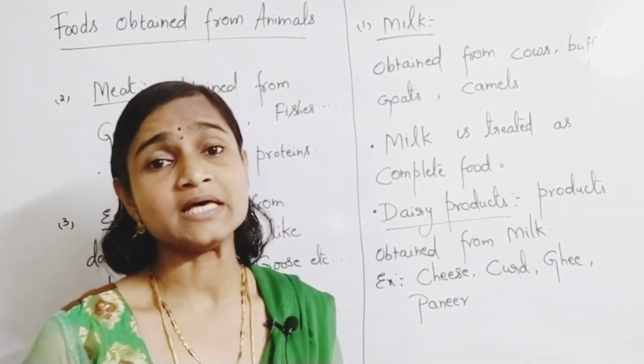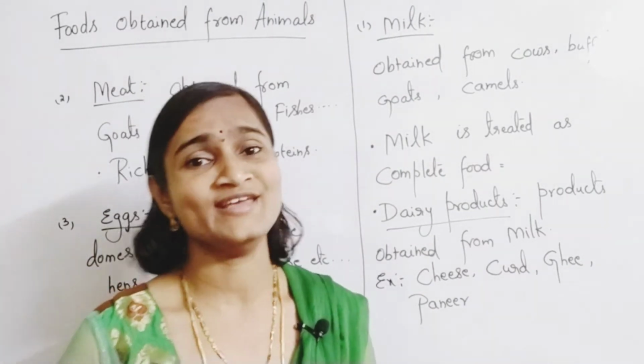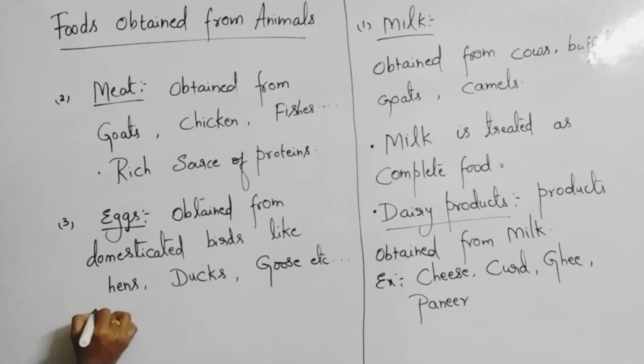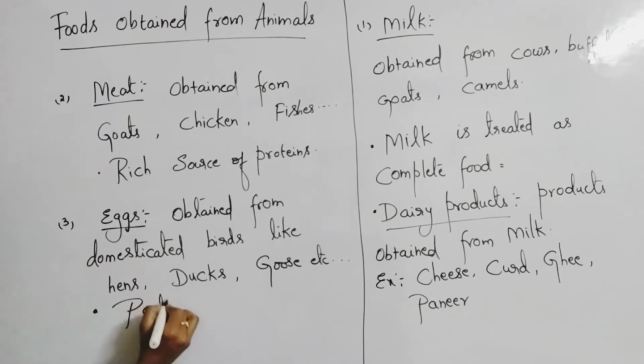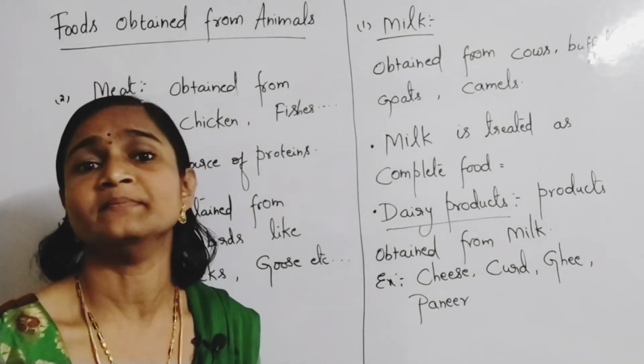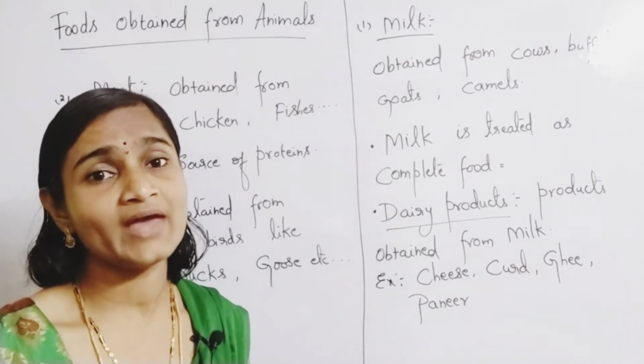The place where these birds are domesticated, you call it as what? Poultry. So these domesticated birds are also called poultry birds. You will use the word poultry. Poultry means the place where the birds are domesticated for their eggs and meat.